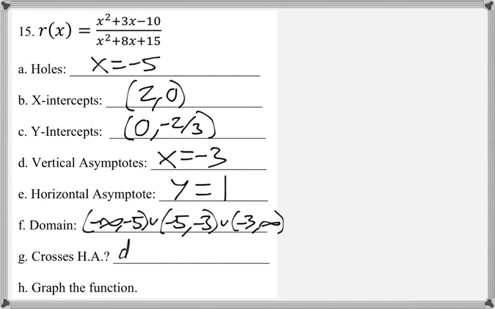Therefore, it does not cross. So this would be doesn't cross. Okay, so lastly, we want to take all this information and graph the function. So it doesn't need to be perfect.